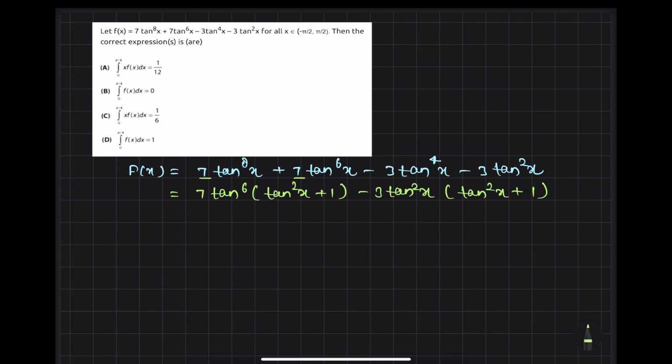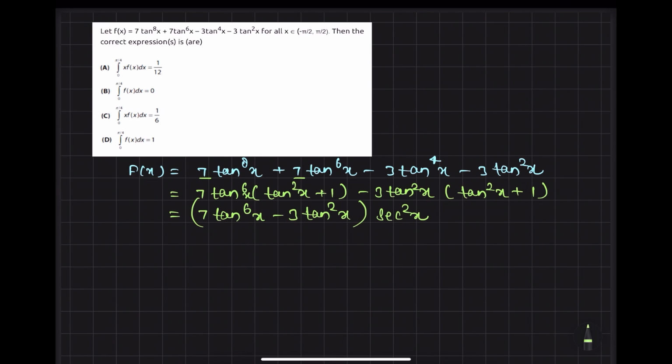And you know that tan square x plus 1 is nothing but sec square x. So can I take tan square x plus 1 common? We will be left with 7 times tan power 6x minus 3 tan power 2x and then sec square x. Now we are good to go with the integration.